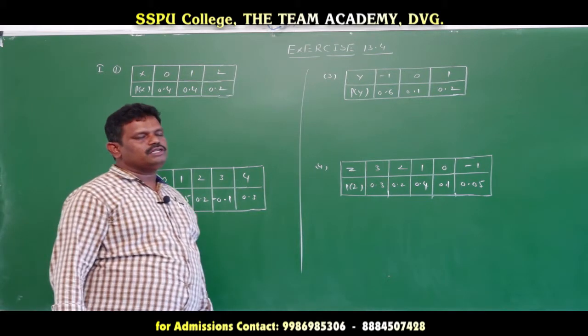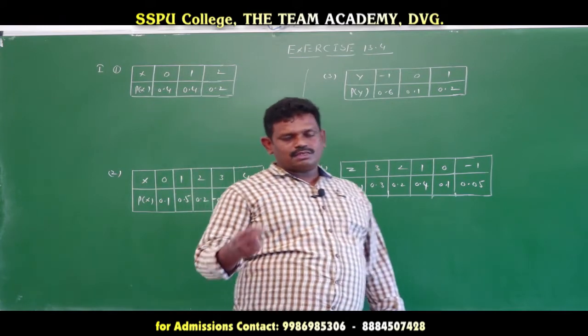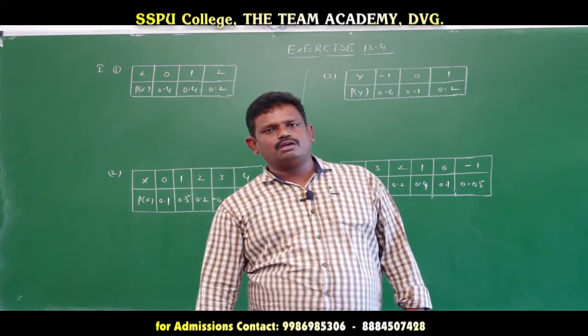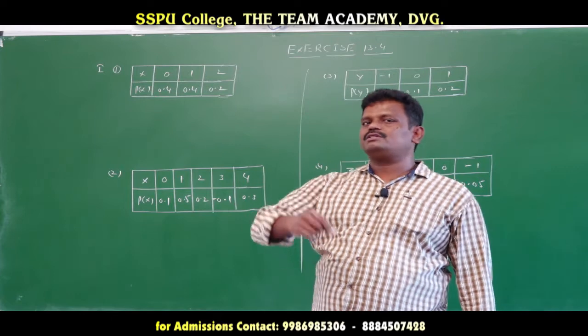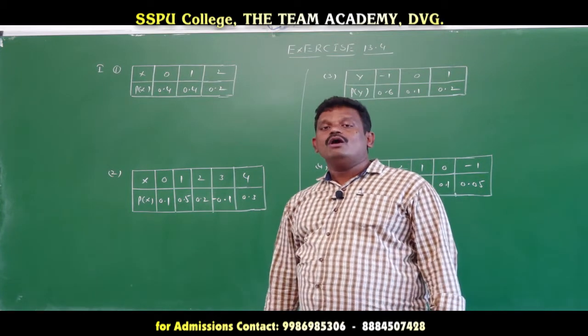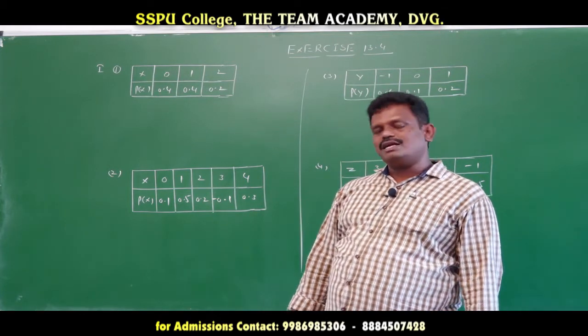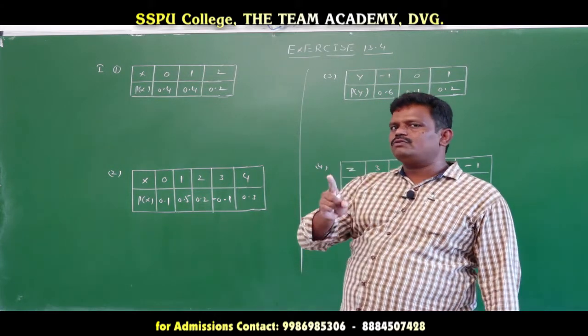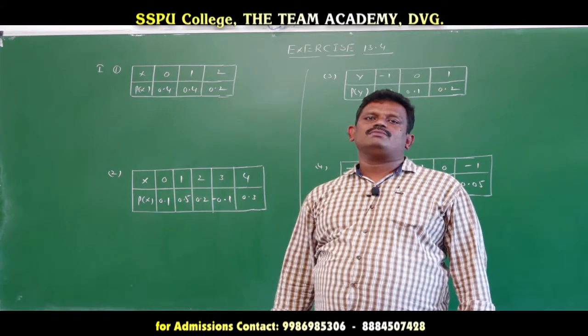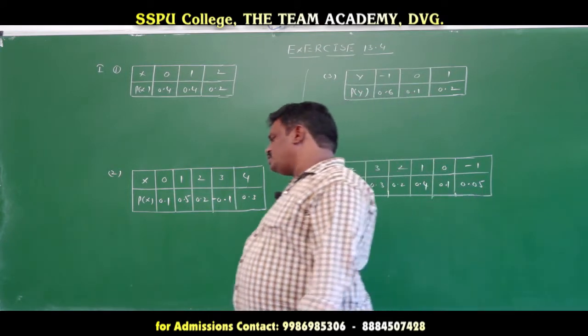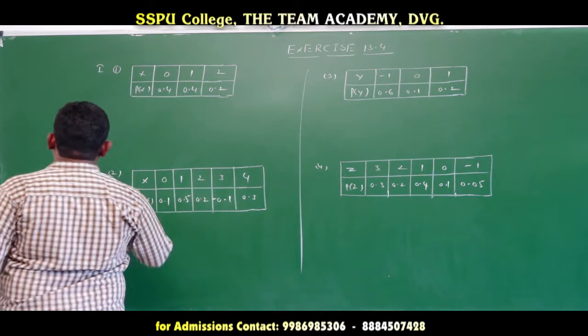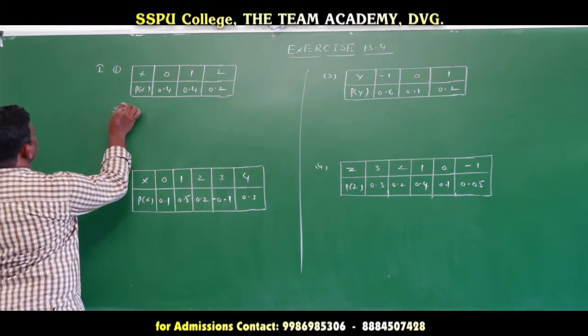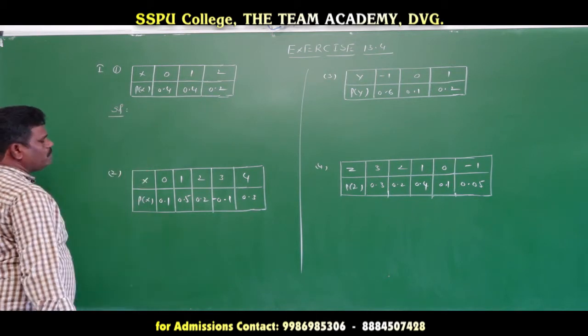For a probability distribution table, we know some conditions. Every observation probability must be positive, pi greater than 0. And the sum of all probabilities must be equal to 1; greater than or less than 1 means it is not a probability distribution table. First we verify that the given probabilities are positive. Here all are positive.